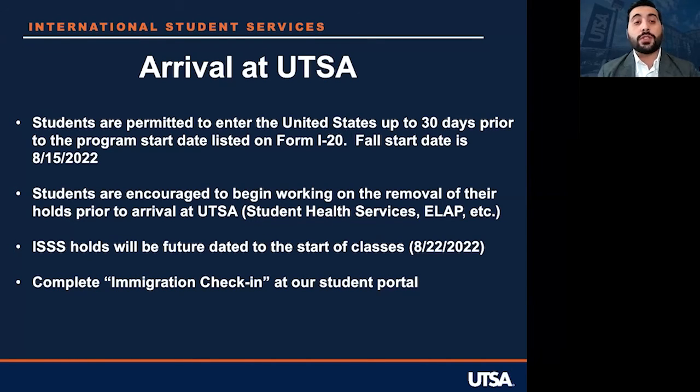So it is very important to understand that students are permitted to enter the US up to 30 days prior to the program start date listed on your I-20. We're planning for those fall students of 2022. That will be August 15th. That means that you can enter as early as 30 days before that date.